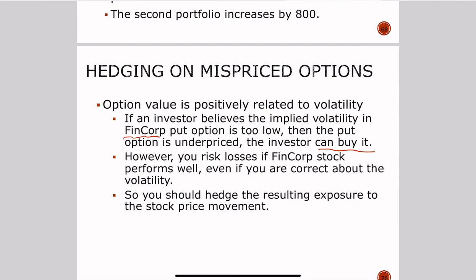That is, maybe in the end, you're right about the volatility. So the volatility indeed increases. However, at the same time, stock price also increases. So in the end, you will actually suffer from a loss because the increase in stock price will reduce your put option value, right? So what's your solution?